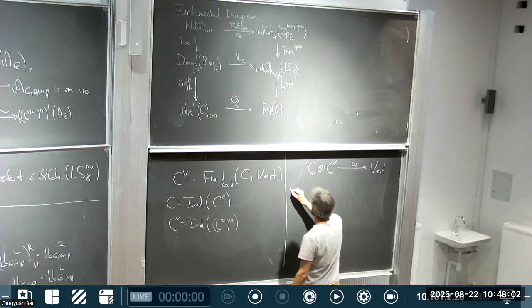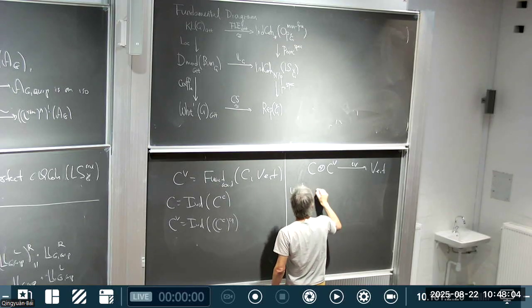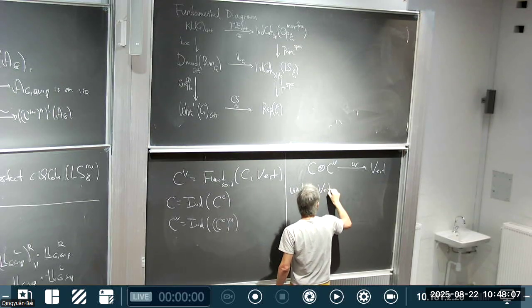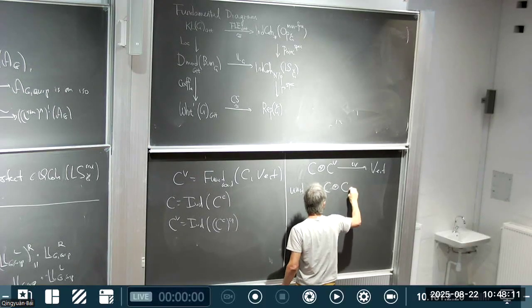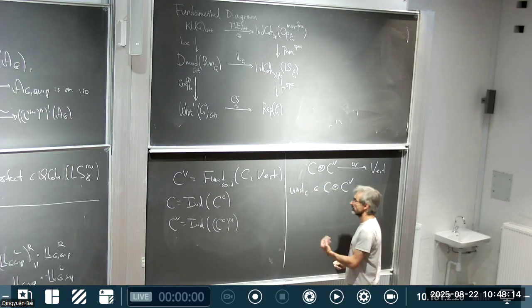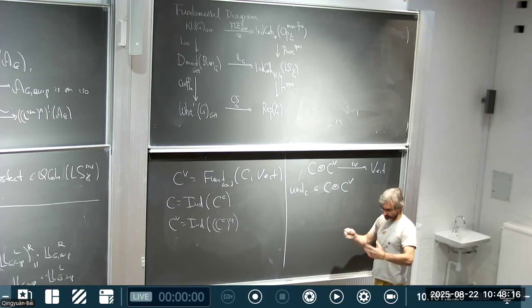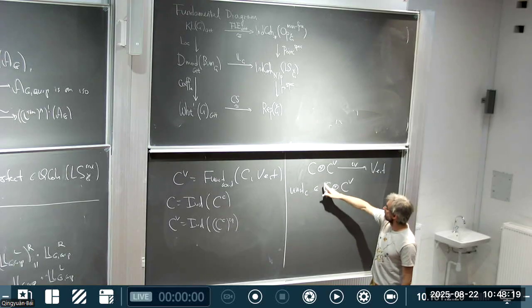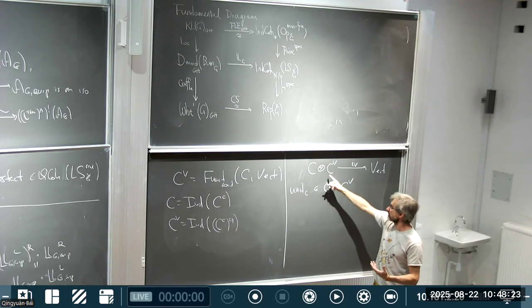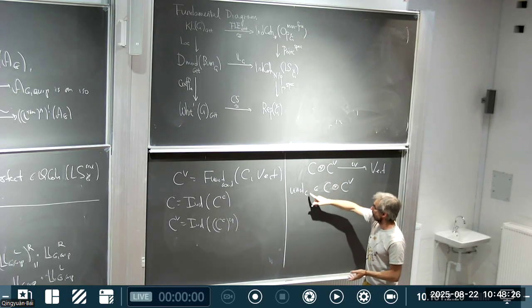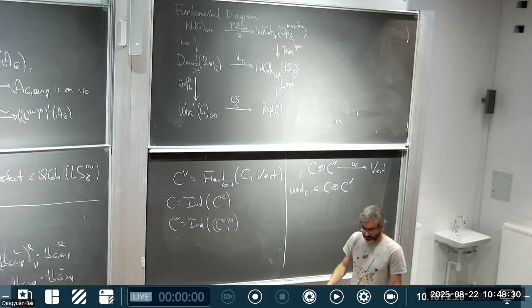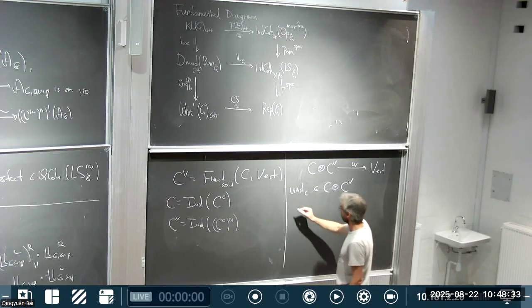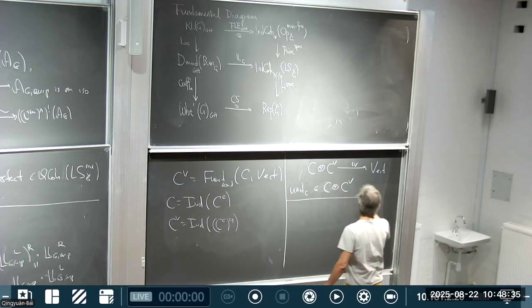And there is also the unit, which you can think of as an object in C tensor C check, mapping from Vect to C tensor C check. As usual they have to satisfy the unit axioms, and the knowledge of either of these determines the other. If you give yourself the unit as an object of C tensor D, then there will be at most one way in which D is the dual of C.